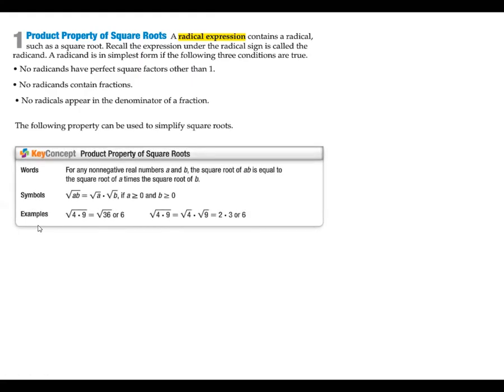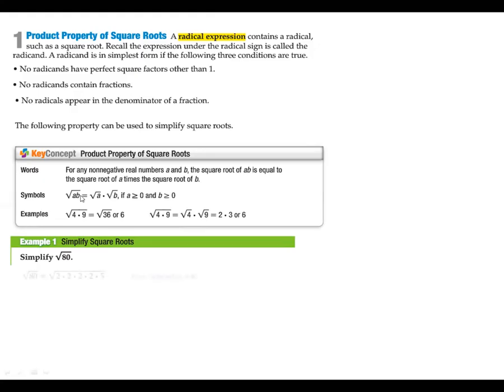It's the product property of square roots. Basically, underneath the radical symbol, you can break apart multiplication. So here's an example. If I want to simplify the square root of 80, 80 is not a perfect square, right? But if you get its prime factorization, you have 2 times 2 times 2 times 2 times 5 is 80.